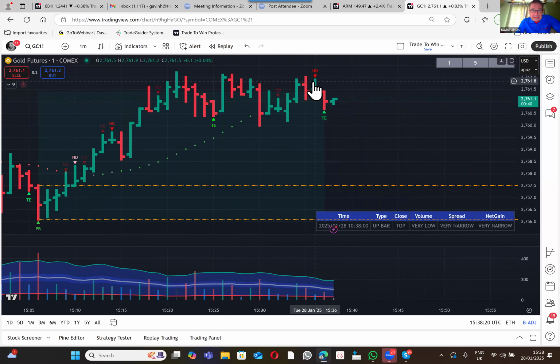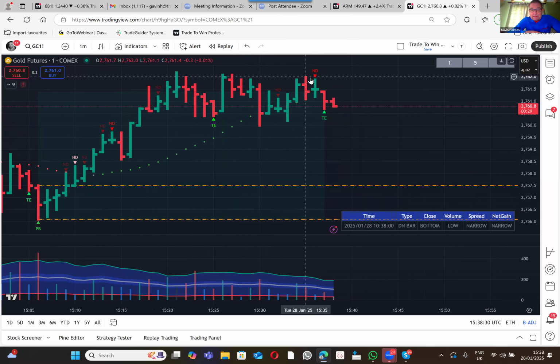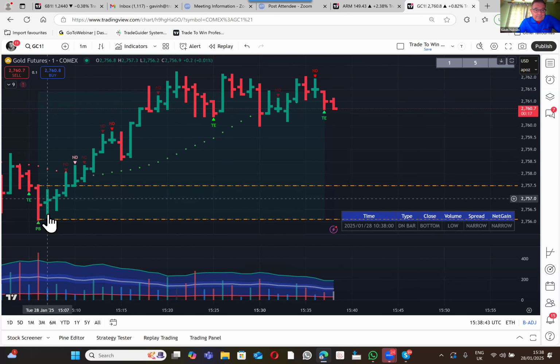Now, if this is going to go up, it's going to take out that top. And it will do it in the next 10 minutes, maybe less than that. If it doesn't and the test fails, it will come back down and retest this area. That's perfectly fine. That's what you'd expect because there's a lot of supply here. 100%.